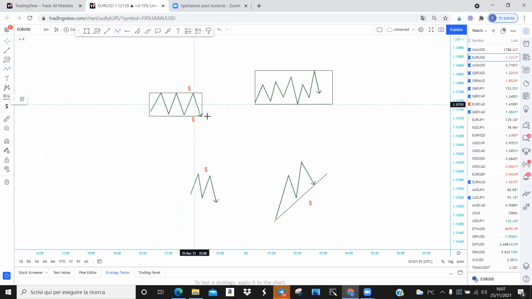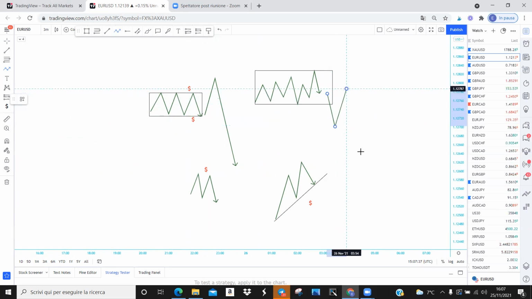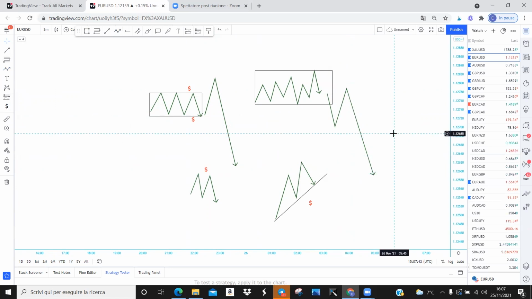The possibilities are that we manipulate the Asian range. So for example, if the direction of the market is to the downside, we manipulate to the upside and then we continue to the downside, or that maybe the direction is to the downside and we just break to the downside, retest the Asian range to continue. Okay, and of course this is kind of obvious that these are the two possibilities.